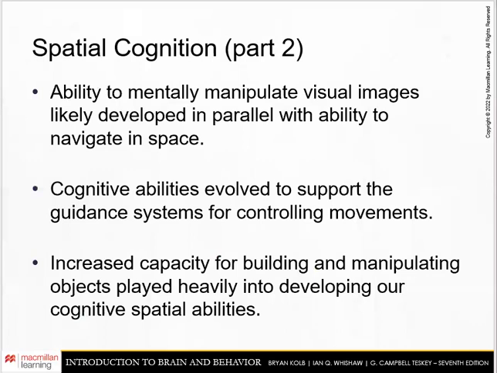Once the brain can manipulate objects that are physically present, it seems like a small step to manipulating imagined objects. So really the evolution of mental manipulation as a skill is closely tied to the evolution of physical movements.